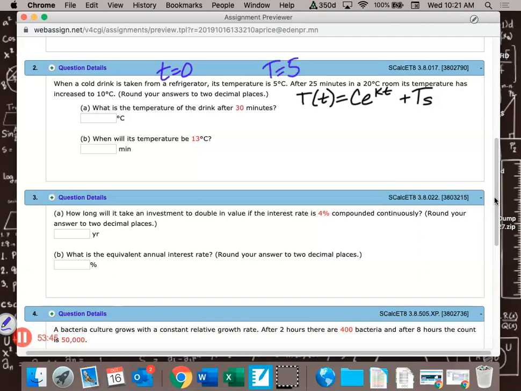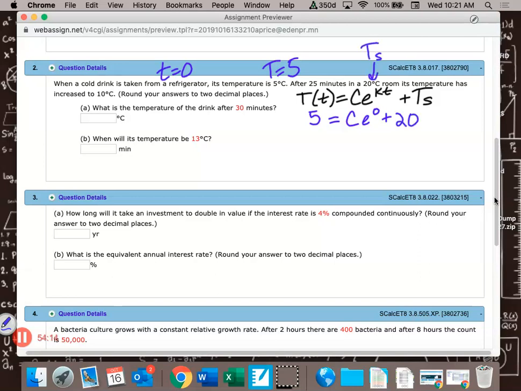Our initial temperature is 5, so when t equals 0, you plug in 5 for your temperature: Ce^0 plus the surrounding medium. After 25 minutes in a 20 degrees Celsius room, the temperature of the room is 20.